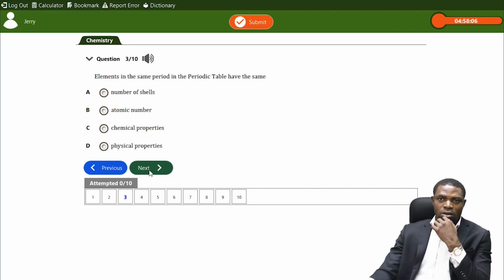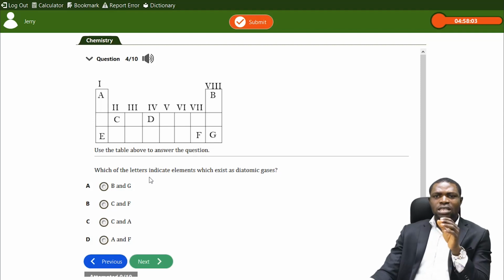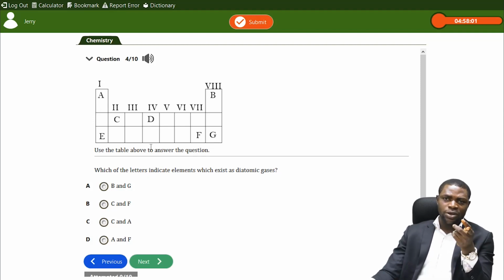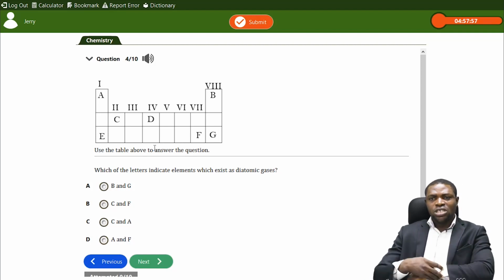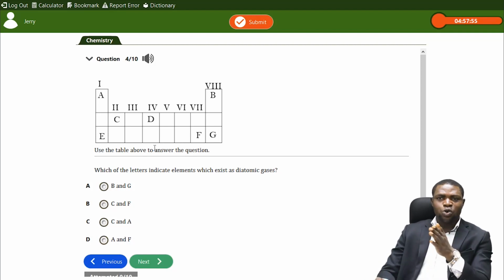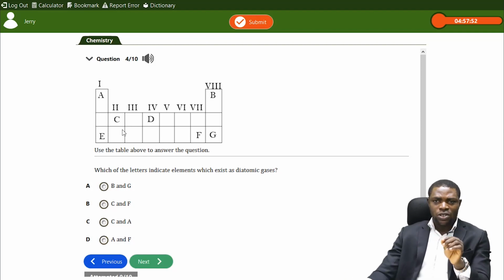A is correct. The next question, looking at this very critically, just like I taught you how to arrange the first 20 elements in the periodic table, you will see that we have group 1 to group 8. Look at the question.